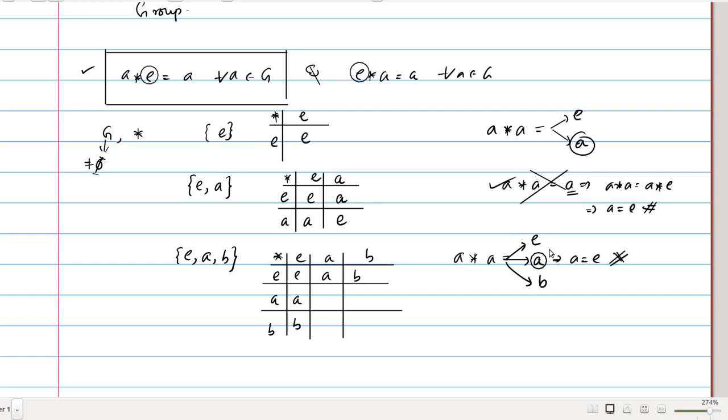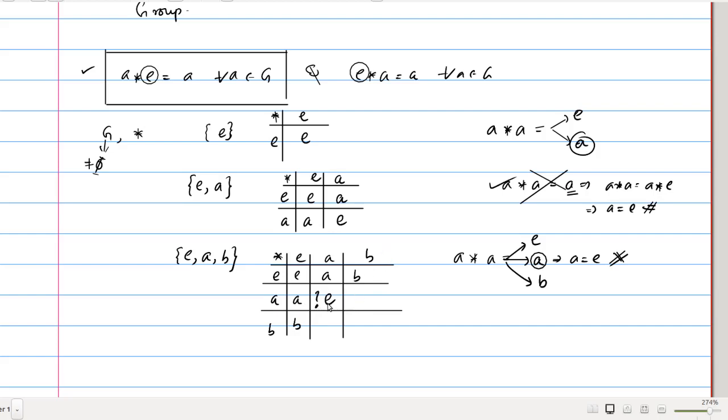And if A star A is equal to E, then there are two possibilities. Either you can fill E or B in this box. Then if A star A is equal to E, what will you assign for A star B?